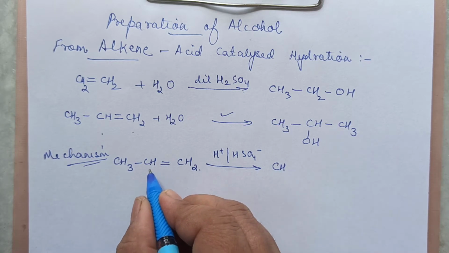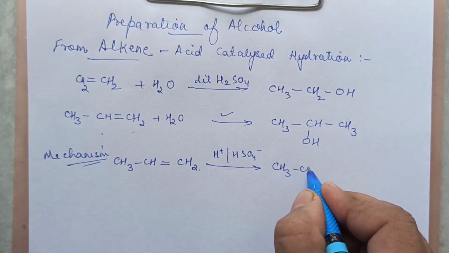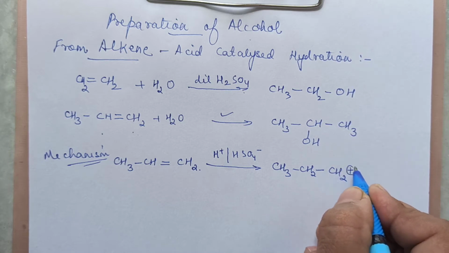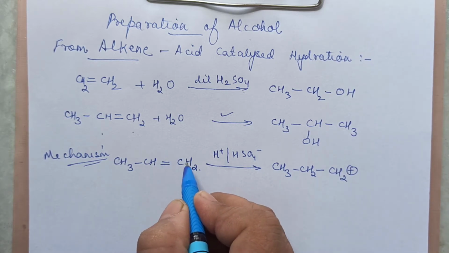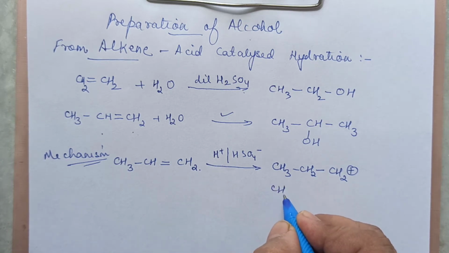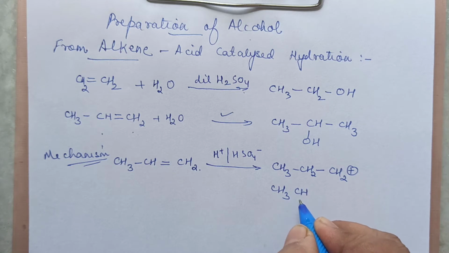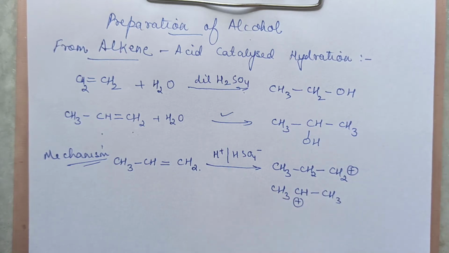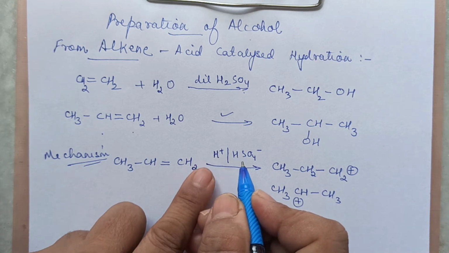So if it is getting attached here, you will get CH3, CH2, CH2, and you get a positive charge here. That means this will be shifted. And if the H attaches here, then you will get CH3, CH, a positive charge here, and CH3 attached here.